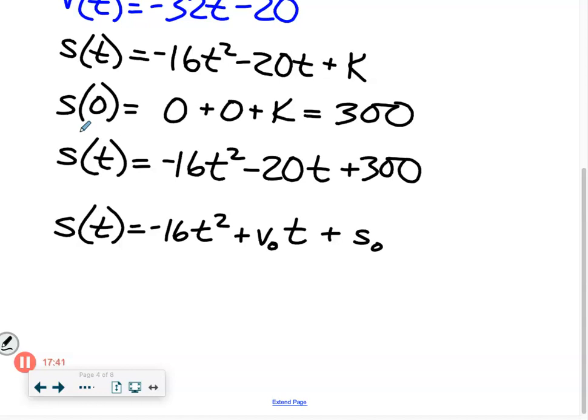Does that look familiar? It should, right? It's the physics formula for free falling objects. You just derived it. We've used this at least once this year.